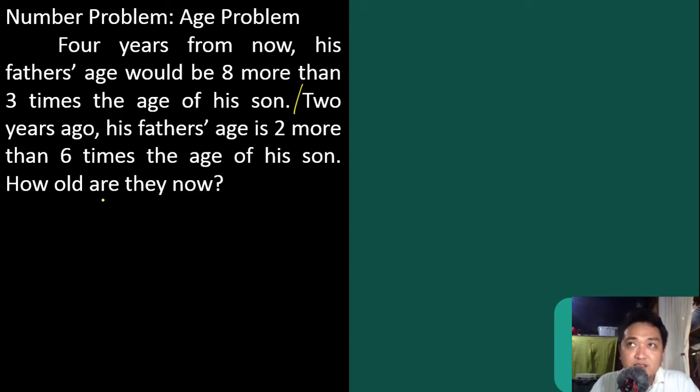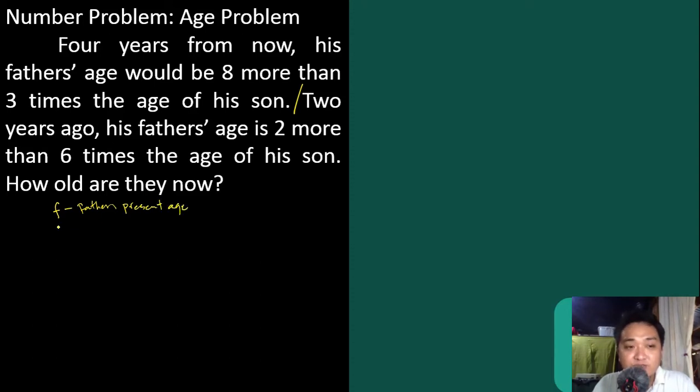So, ang dito mga langga, ang hinahanap po rito, yung present age nung tatay, si father, at saka yung nung anak, si son. So, ang maganda sigurong gawin nito is, since ito naman yung unknown, yung kanilang present age, let us assume that F is the present age of the father, or father's present age.